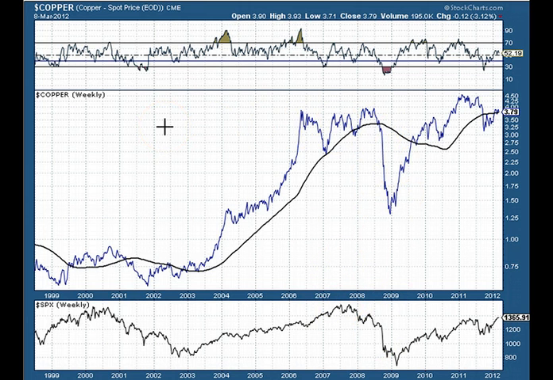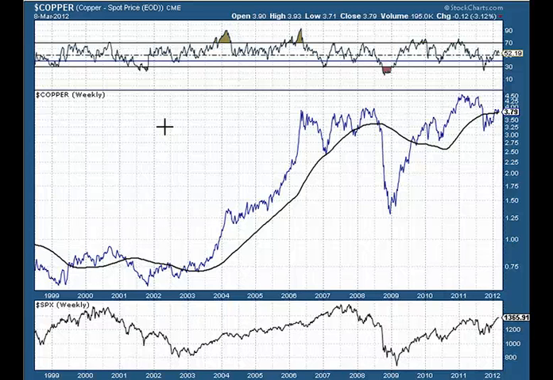The next chart we're moving on to is the copper chart. It's the copper spot price, the actual copper metal itself. Unlike the gold chart we looked at, this is the copper bullion itself. Otherwise, the chart's pretty much the same.